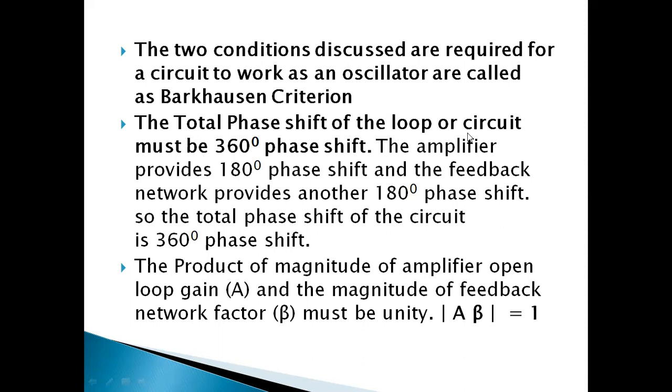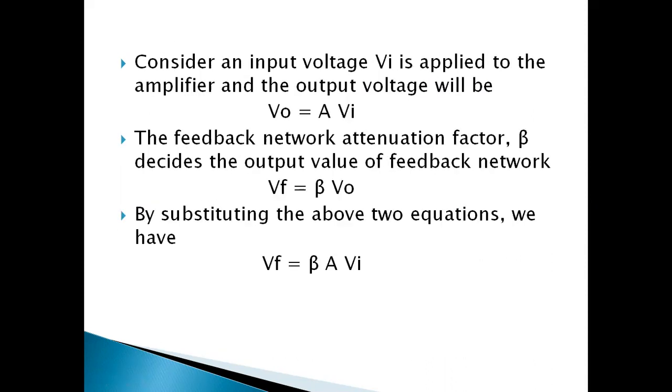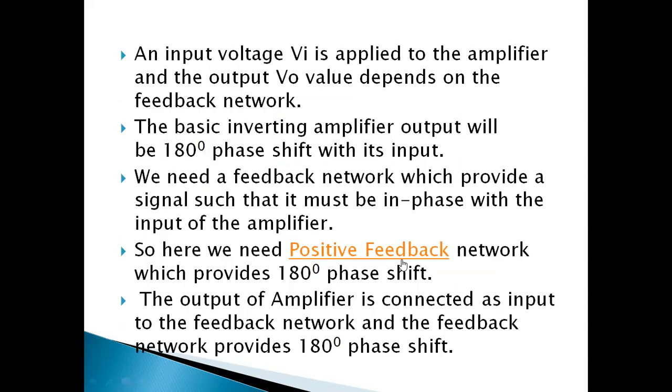First, the total phase shift of the closed loop must be 360 degrees, and second, the magnitude of the loop gain must be unity. In order to analyze oscillators, we should remember these two conditions, which are also called the Barkhausen criteria. So this is the analysis of the oscillator. Thank you.